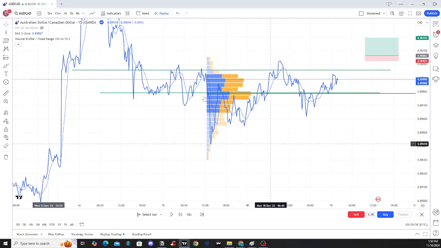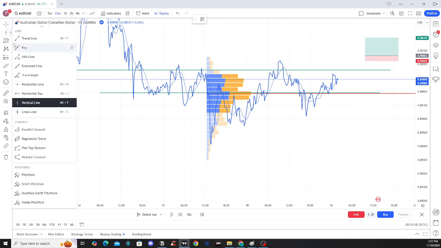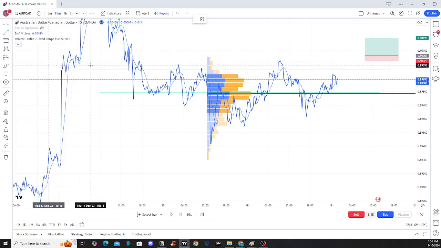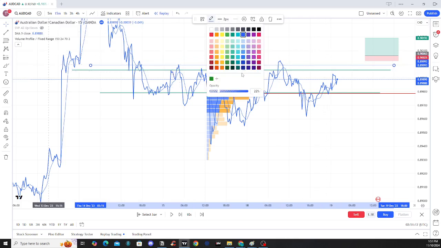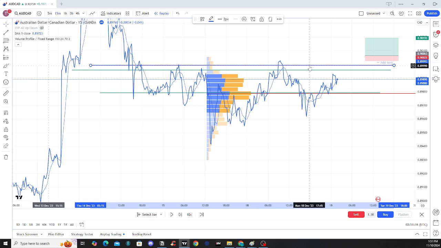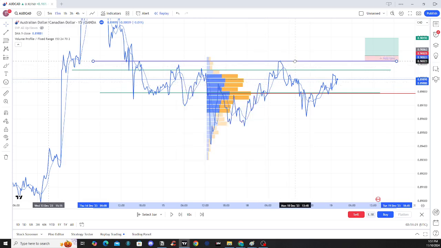Okay, so what I've done here is I've just gone and grabbed the volume profile, fixed range, to chuck inside this trading range, and I'm going to change the height for the breakout just here.